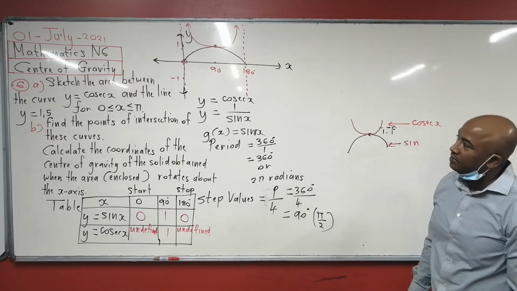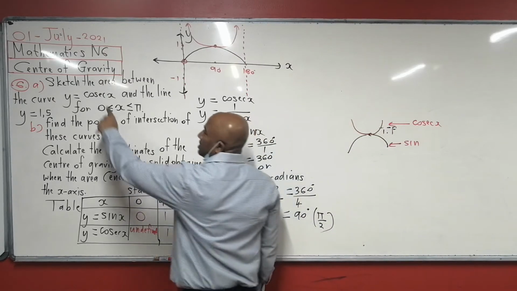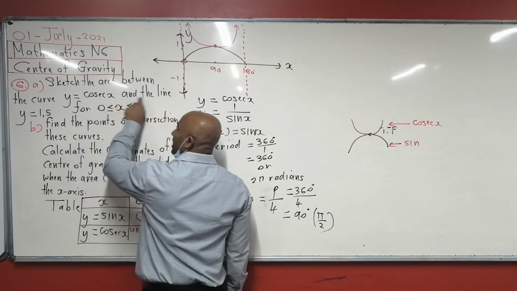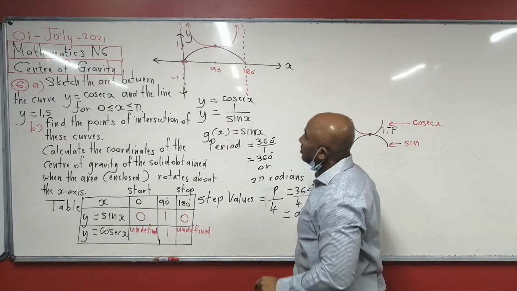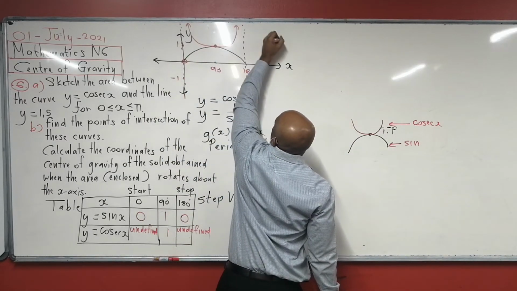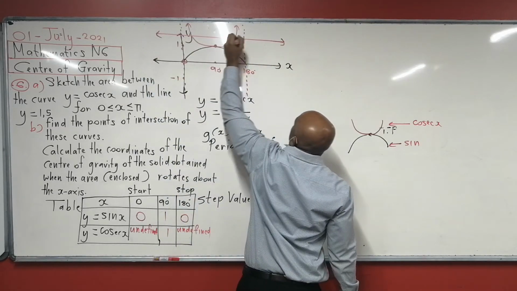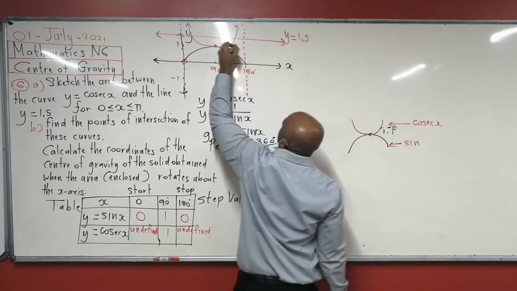Now, there is our cosec graph. So sketch the area between the curve y is equal to cosec x and the line y is equal to 1,5. So if this is 1,5, somewhere there. So there's your line, y is equal to 1,5.